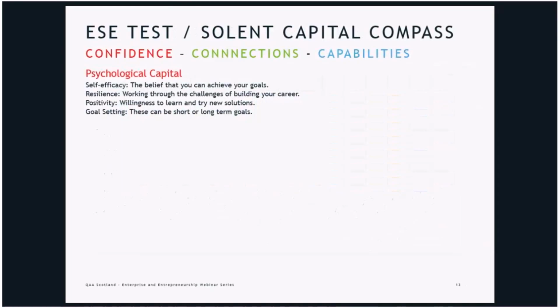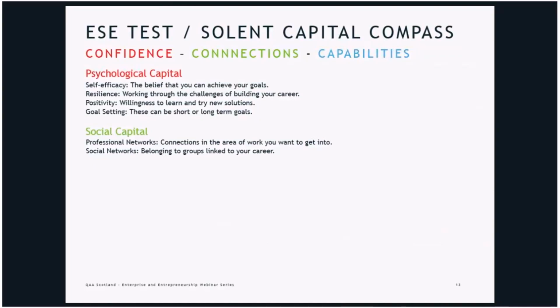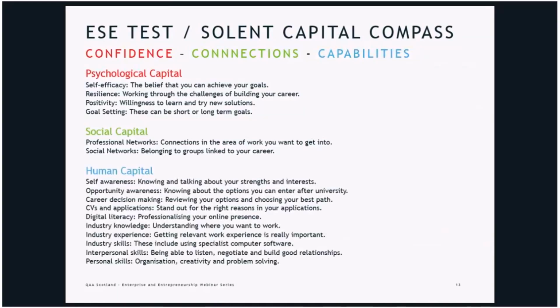So here are the 16 different areas. The vernacular that we use is confidence, connections and capabilities, but the slightly more formal terminology is psychological capital, social capital and human capital there.